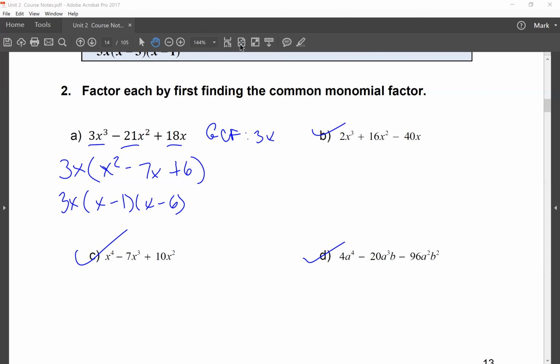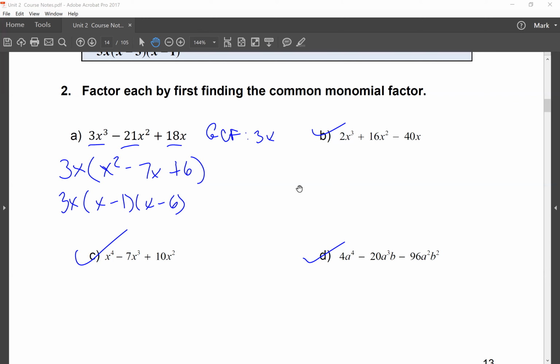All right, so there's some really good answers here. Let's check them out. So remember, for these questions, I'm starting by removing a GCF. For B, I think it's a pretty easier one than, say, D. I can remove a 2 from each of these numbers, and I could remove an x.